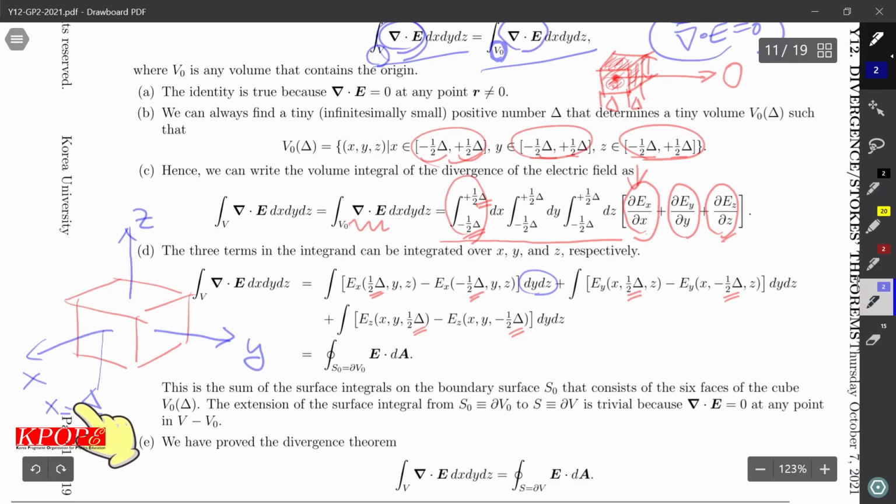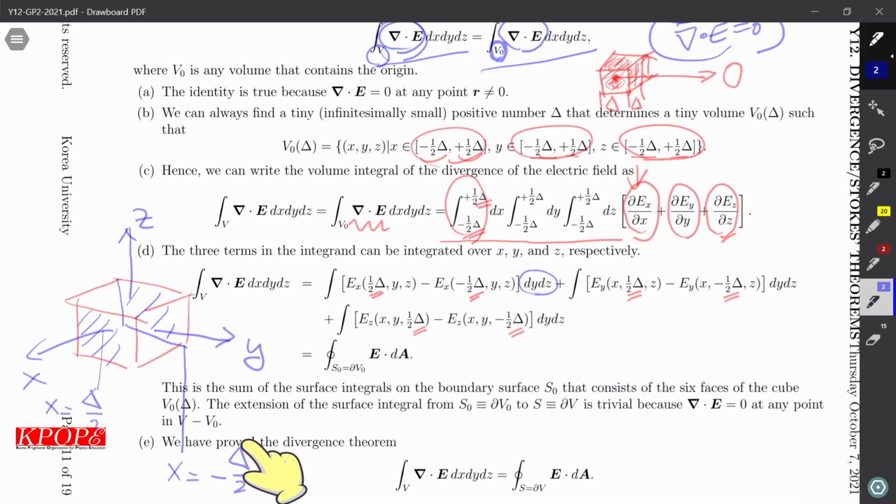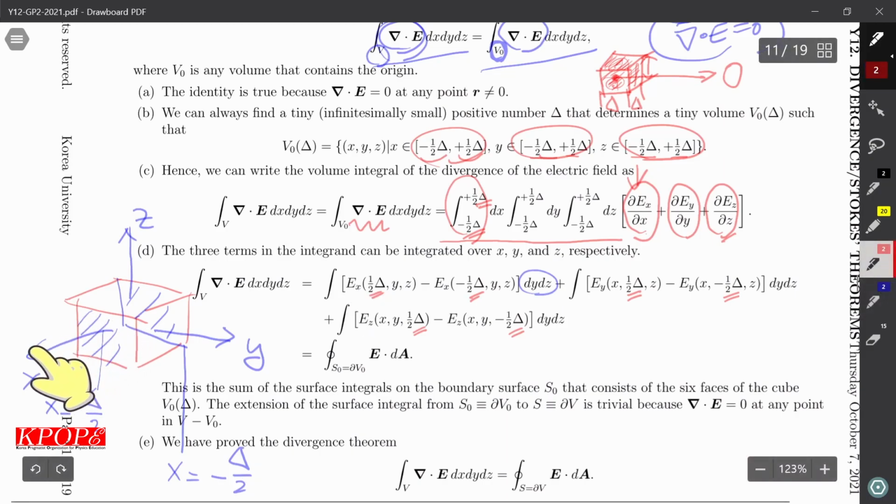Here, x equals this surface. And the other surface, this one represents x equals minus 1/2 of delta. We find this direction, the surface facing outside. At this point, the surface facing backward.